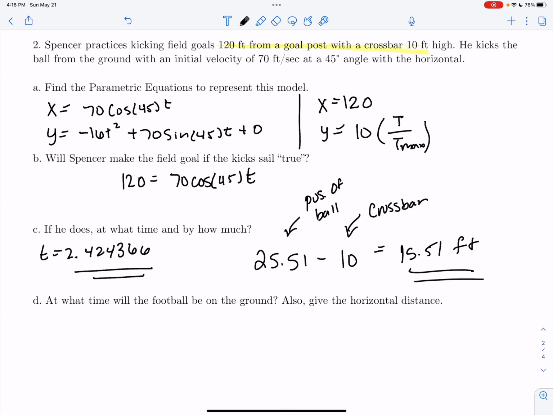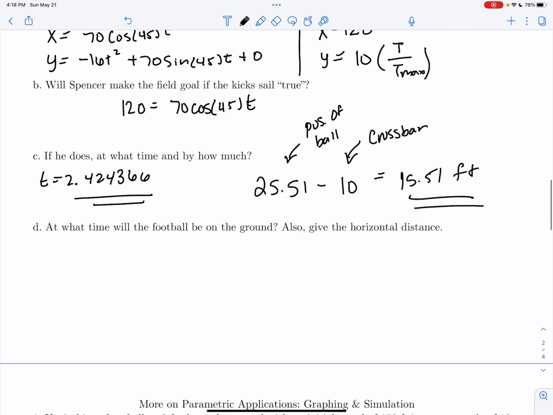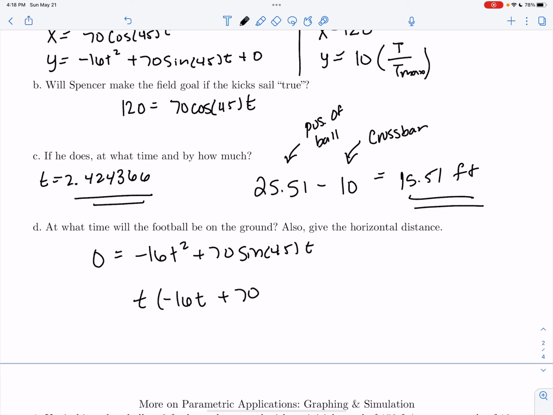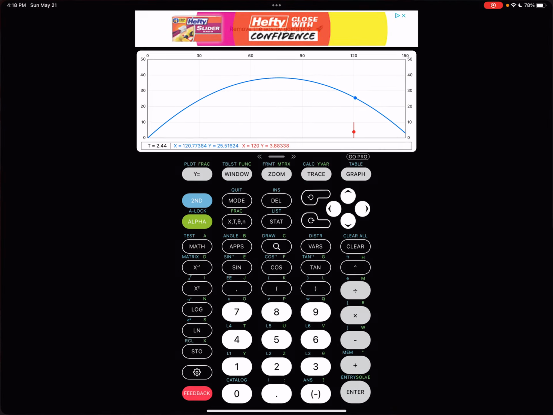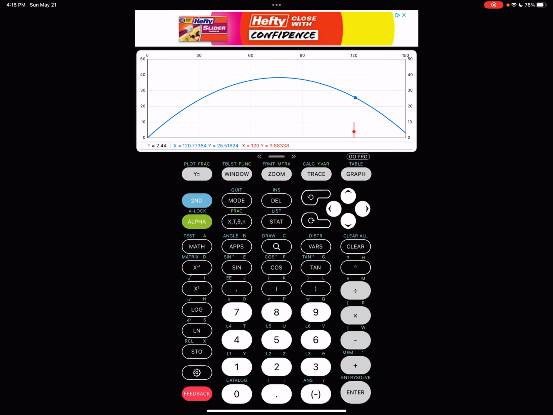Part D says, at what time will the football be on the ground? Well, that's when you set y equal to 0, and then you can solve it algebraically by factoring out a t. Or you could look at the graph and see where the ball is at 0.